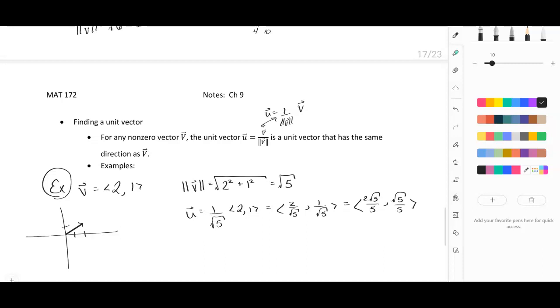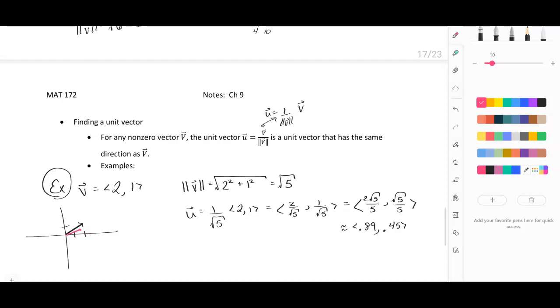Now, if I'm graphing this, I need a decimal representation, because I don't know what 2 over square root of 5 is if I were to try to graph it on here. So 2 divided by square root of 5 is about 0.89. And that second component is about 0.45. So if I were to graph that vector, 0.89, 0.45, it would look something like this.